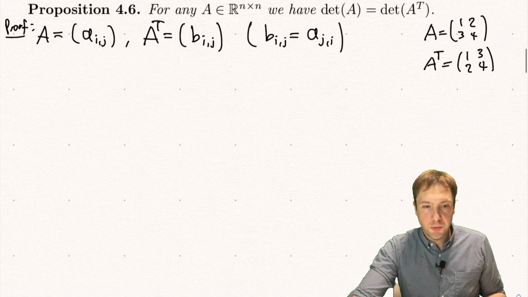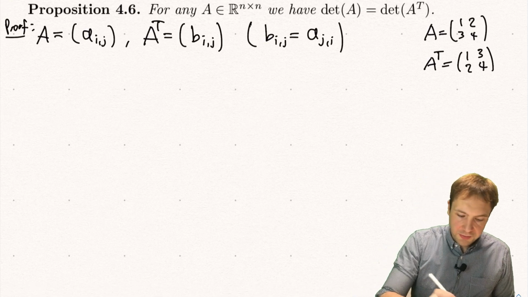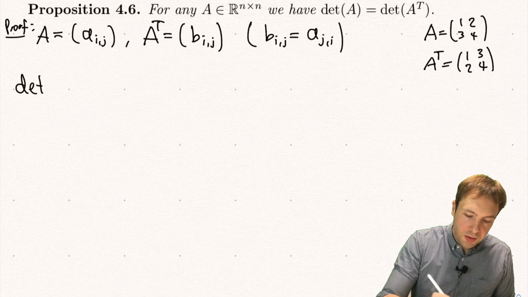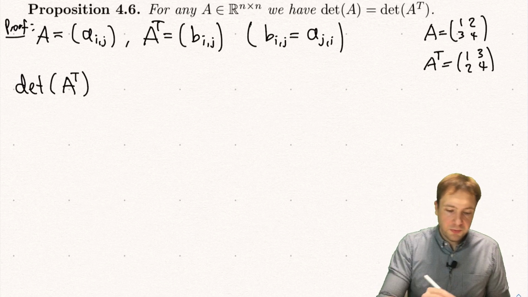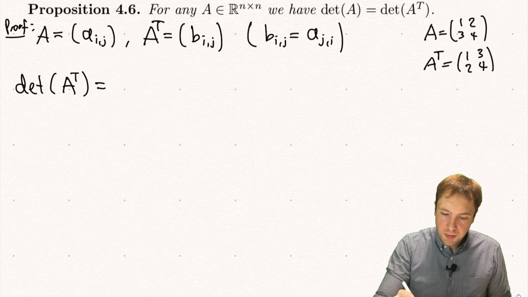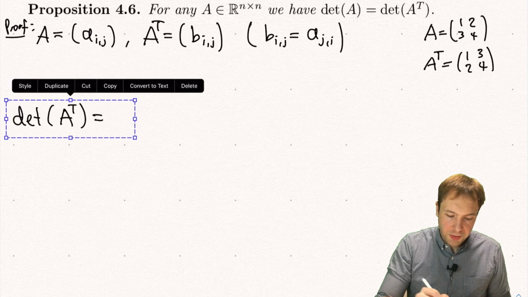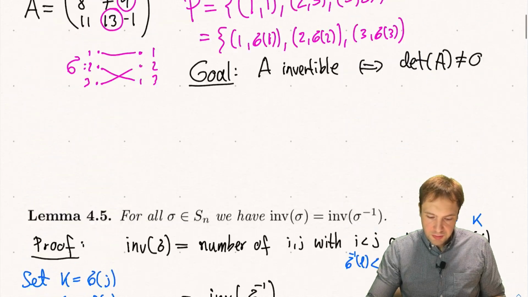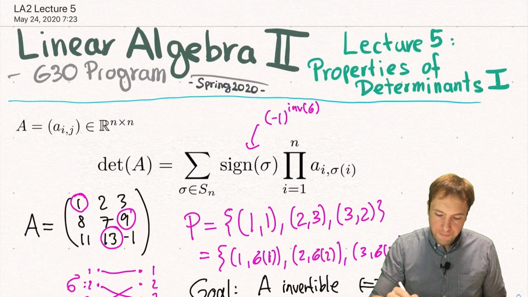And now we want to calculate the determinant of A transpose. So what is this? Or maybe first let me recall. Maybe we can copy this here.